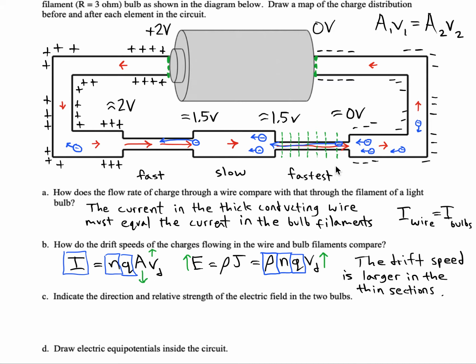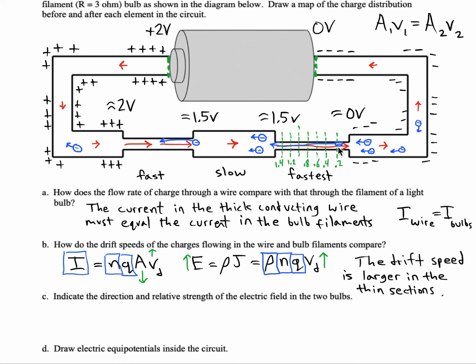Alright, so we've got 0.2, 0.4, 0.6, 0.8, this is 1 volt, 1.2, and 1.4.